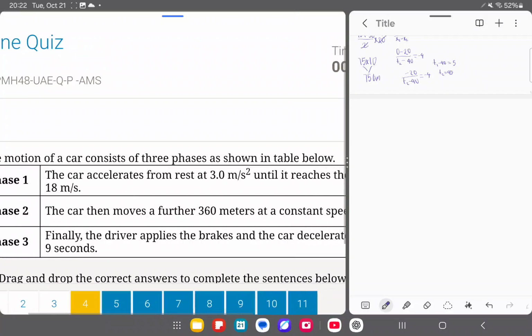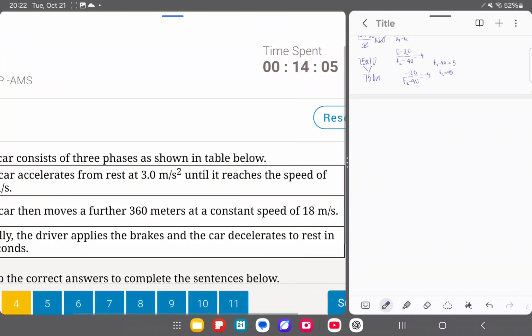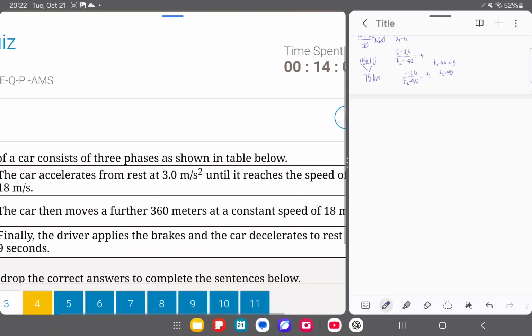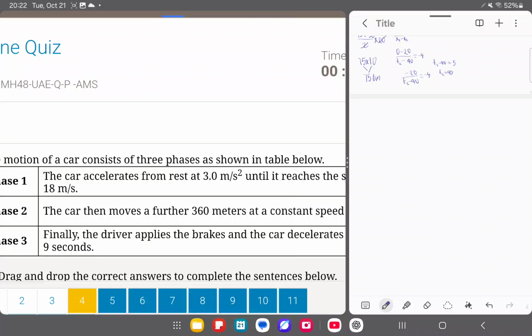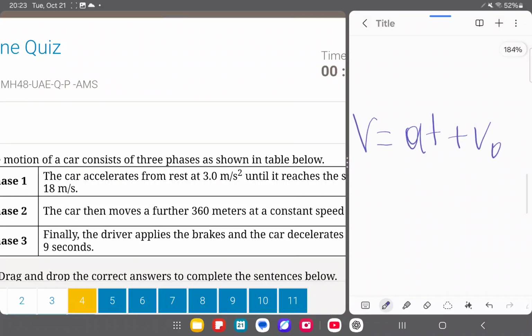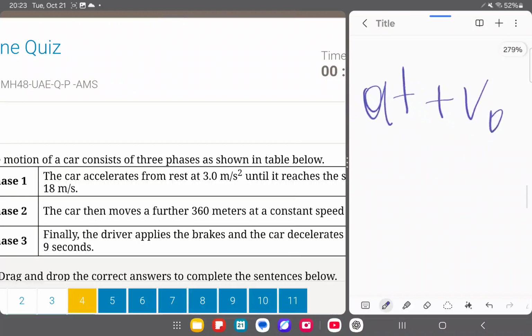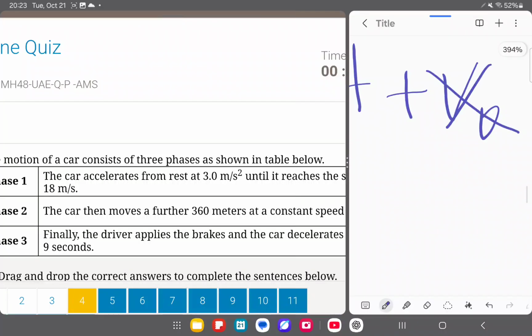They're saying that the acceleration from rest is 3 meters per second squared, and then it reaches a speed of 18 meters per second. So if it starts from rest, we have to find the time. How do we find the time? We use this formula here. Now V0 we can cancel out because they stated that it is from rest, which means V0 is equal to 0.